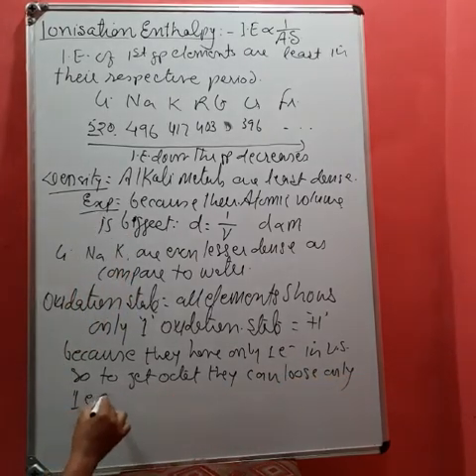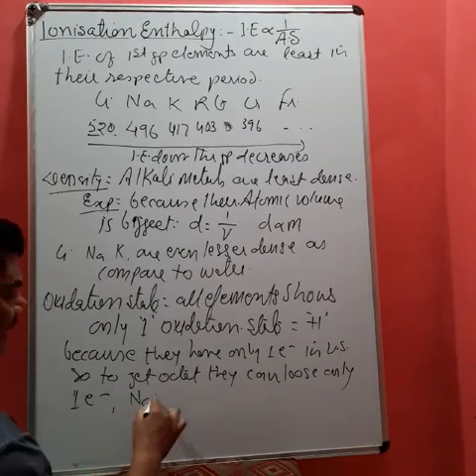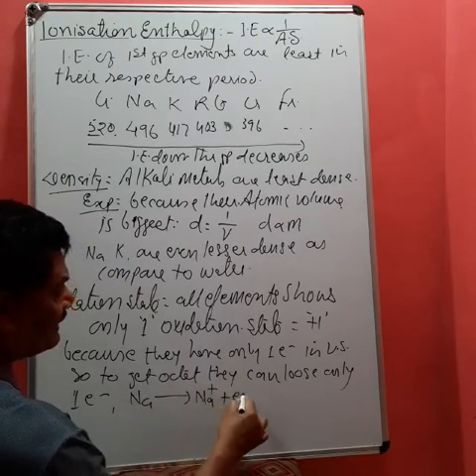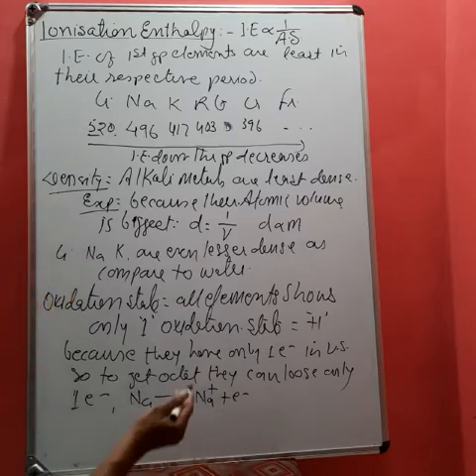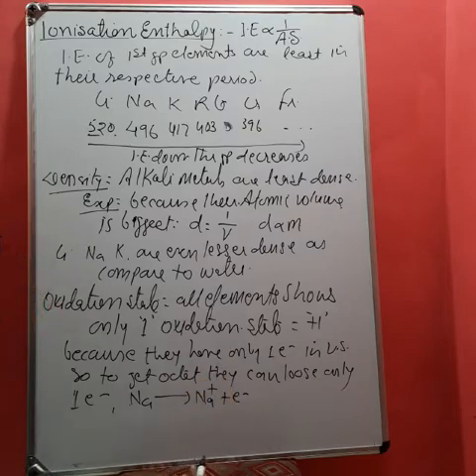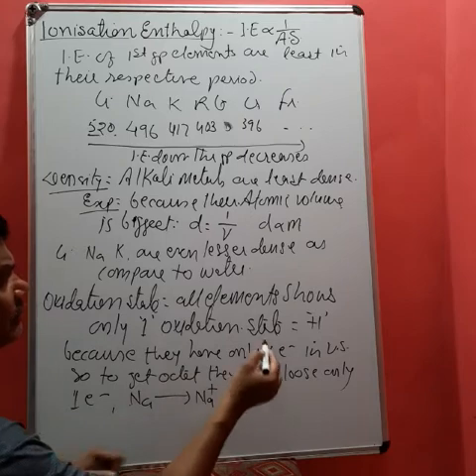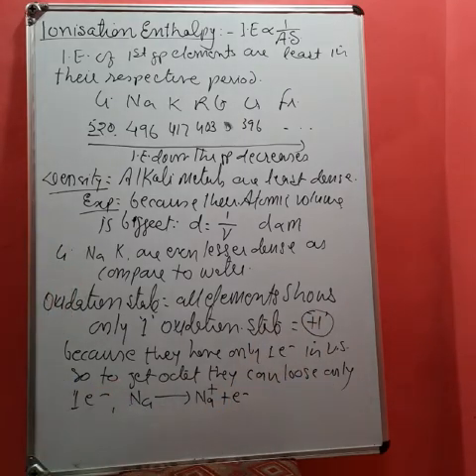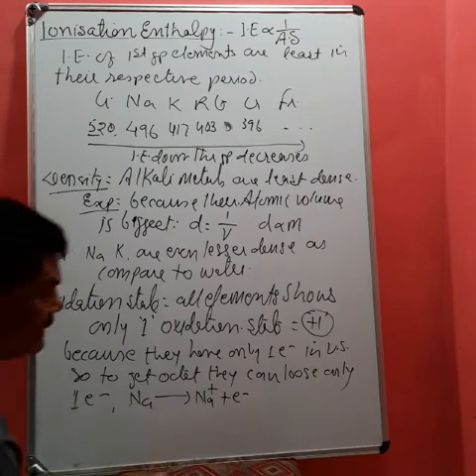One electron. That is, you can say Na can lose only one electron and become Na+. Student, being their atomic size is largest, the facility to release the electron becomes very easy. Therefore they show only one oxidation state, which is +1. Even exceptionally, they do not show any other oxidation state.